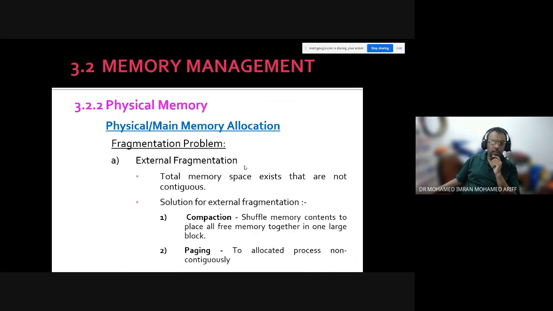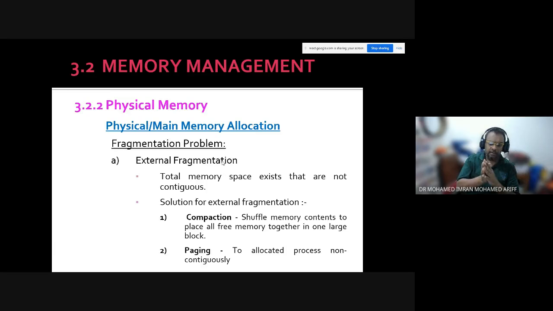So we have a problem where there is not enough space inside the memory. Memory here means the physical memory. As you go along this chapter, they will use two concepts: physical memory and main memory, and secondary memory. Physical memory is your RAM, but sometimes in this book they also say main memory, which is also physical memory, equivalent to your RAM.